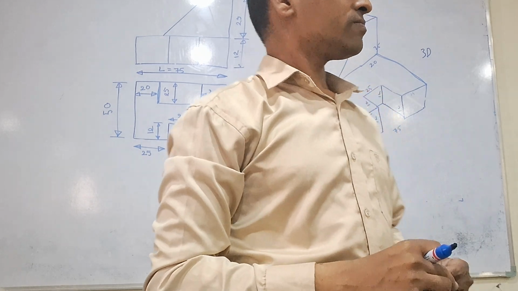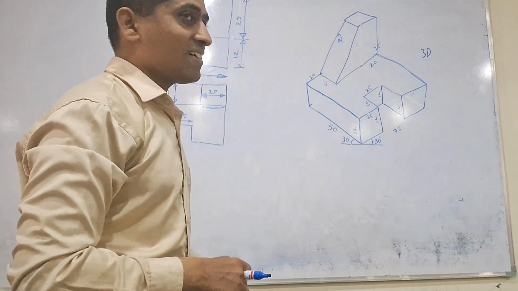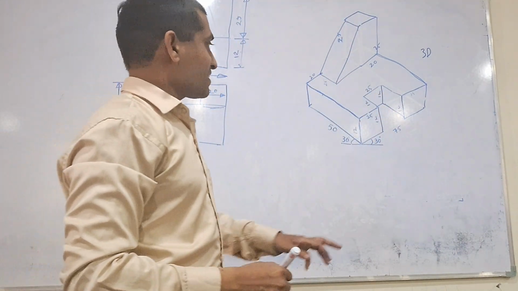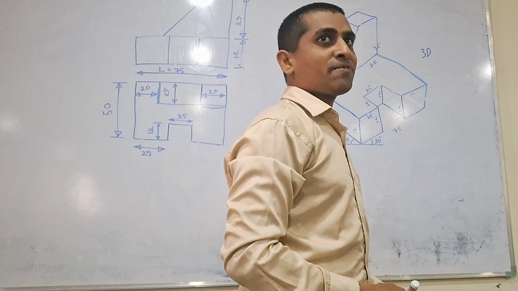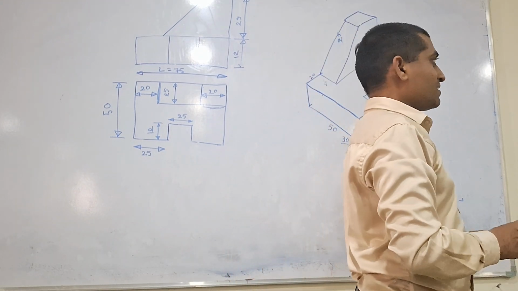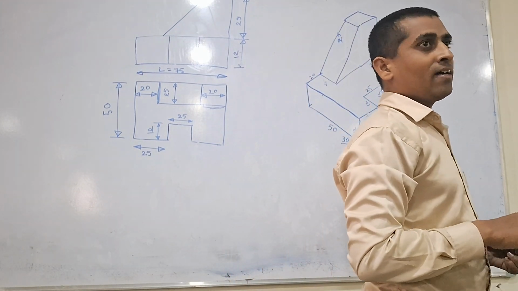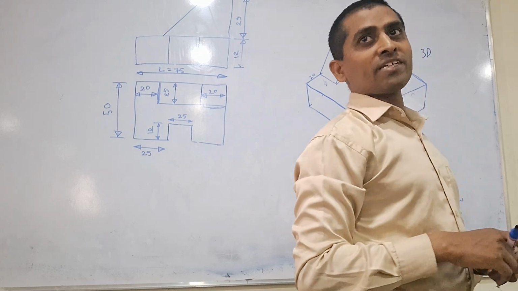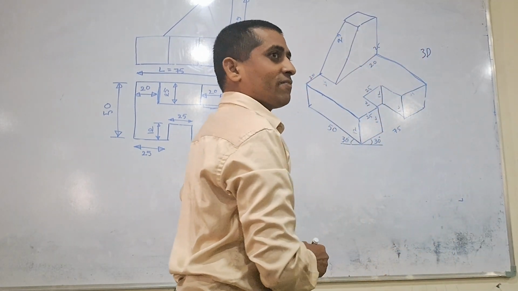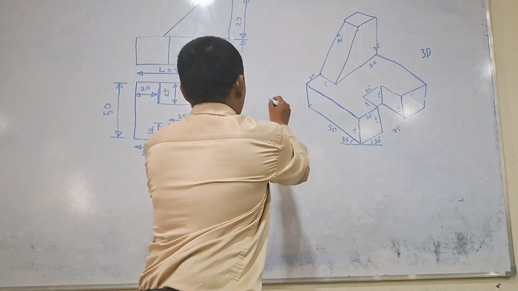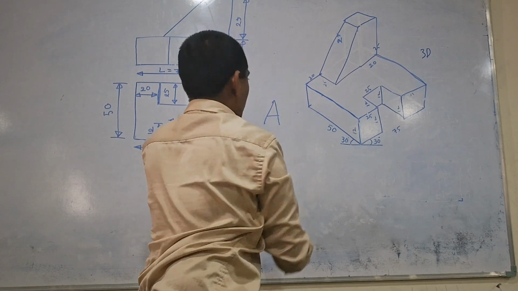Sir, why are we using a 30 degrees angle? Drawing is a language. There are some rules here. Suppose if I take English, and this is a, what is this one?